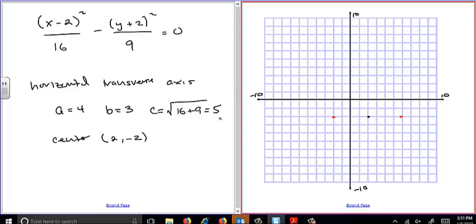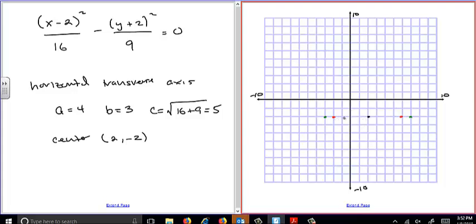Now the focal points are along this transverse axis. So we go 5 units, 1, 2, 3, 4, 5. Again, the focal points are outside of the vertices, and they don't help us plot this thing.